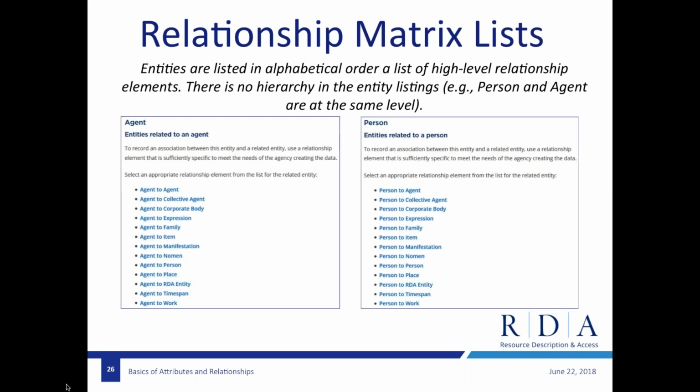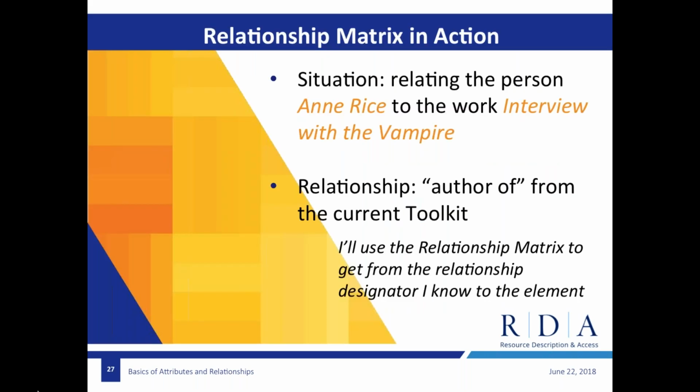So there's a list, and there's lists of high-level relationship elements. Remember I said a high-level relationship element had no refinement. Underneath the entity, you'll pick the one that you want to use. So I've got a situation.